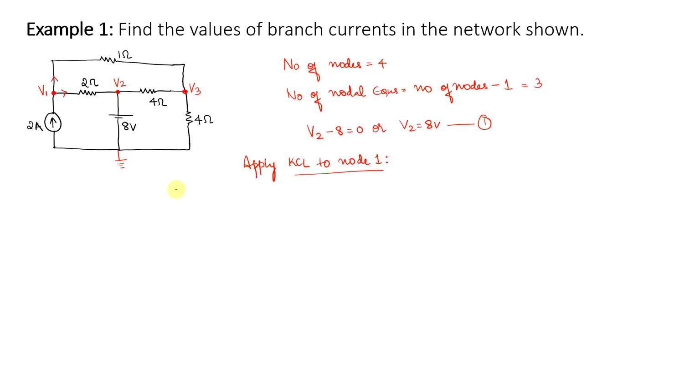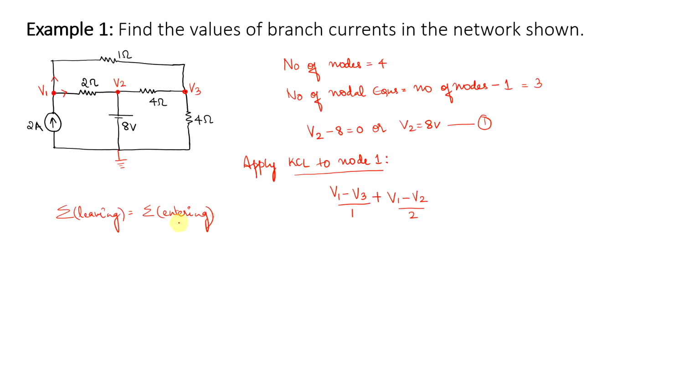So I can write this as V1 minus V3 divided by 1 ohm. It is leaving the node, right? Plus this branch, the 2 ohms branch, plus V1 minus V2 divided by 2. This current is entering. So as per KCL, the sum of the currents leaving is equal to the sum of the currents entering the node.